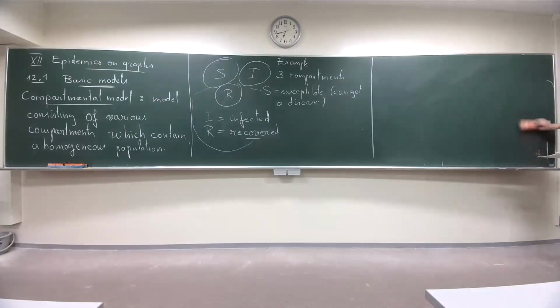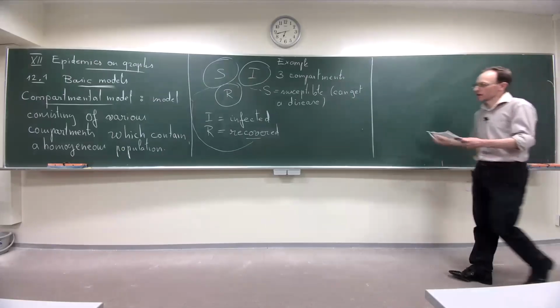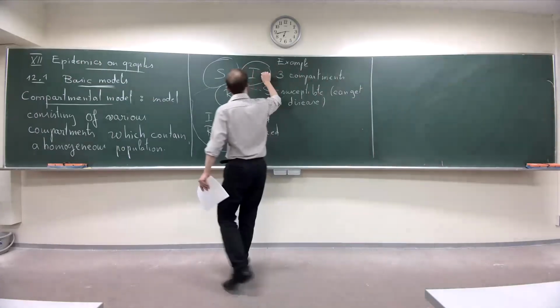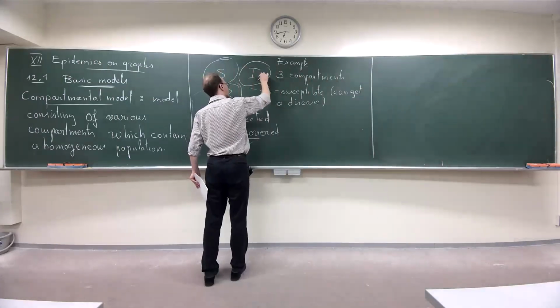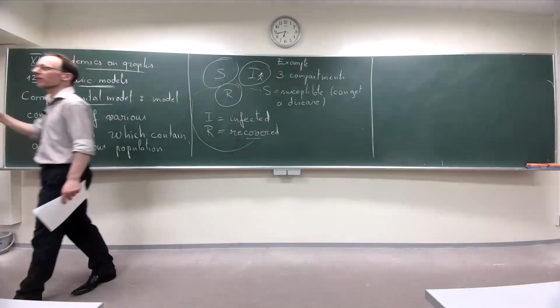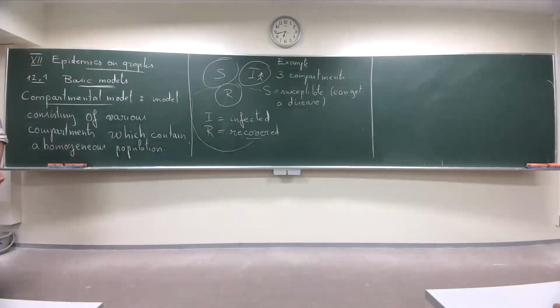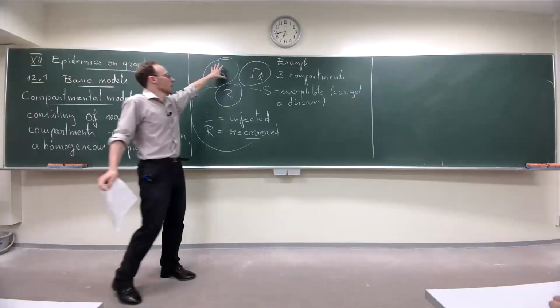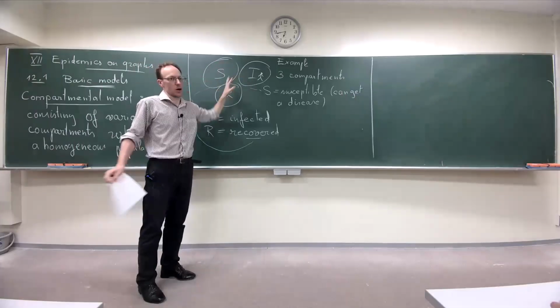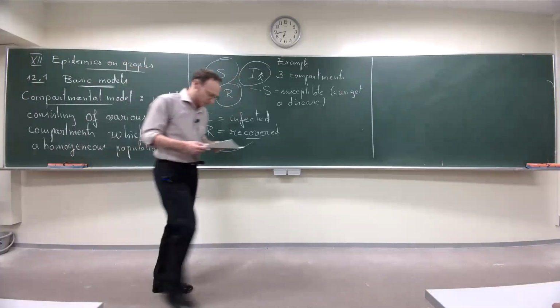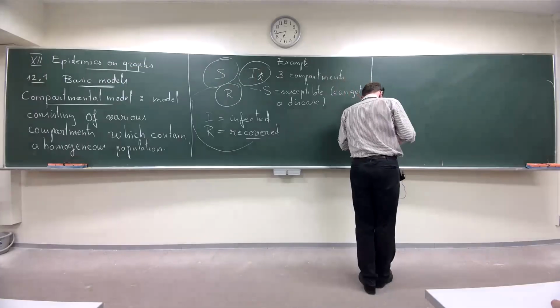So in each compartment, you can have either people, so you count how many persons you have in each compartment, or you have densities, which means a real number such that the sum is going to be 1. So we have two possibilities.